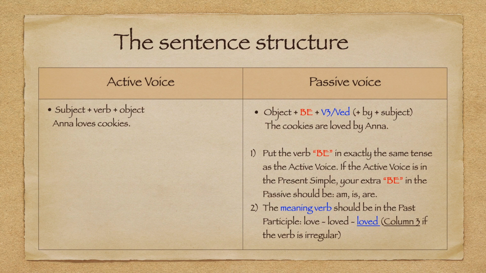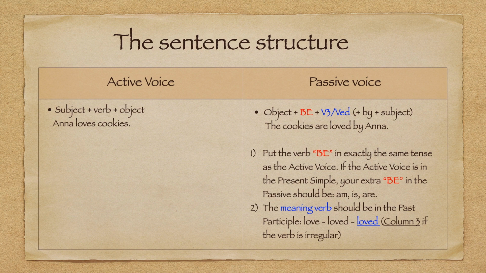Two details to pay attention to here are: number one, put the verb be in exactly the same tense as the active voice. If the active voice is in the present simple, your extra be in the passive voice should be am, is, or are.